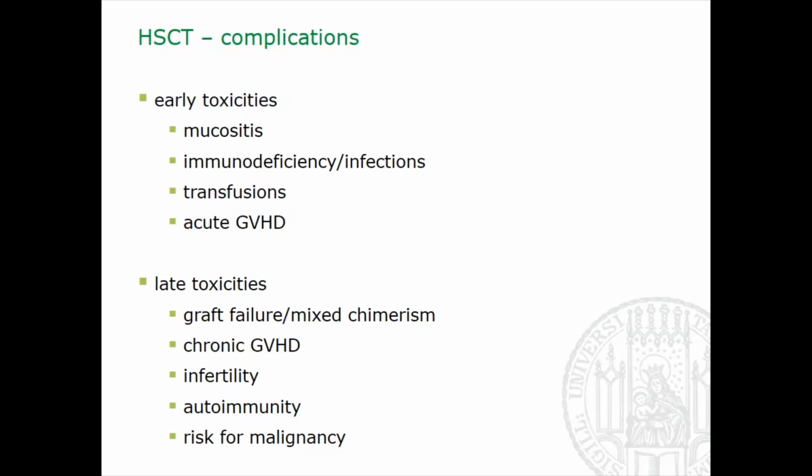So early toxicities will be mucositis, which is a direct toxicity of the chemotherapy and will occur for about 2 to 3 weeks right after the chemotherapy, meaning that the mouth could become painful, and same goes for stomach and gut, and children are usually not able to eat for themselves, so they need feeding via their central venous line.